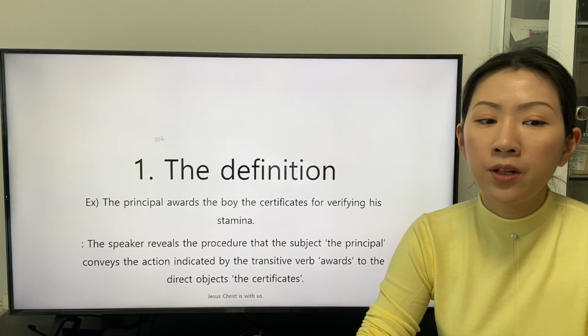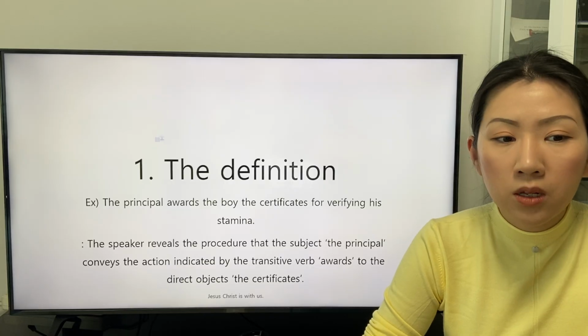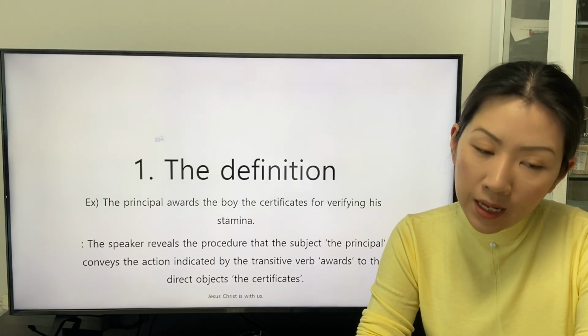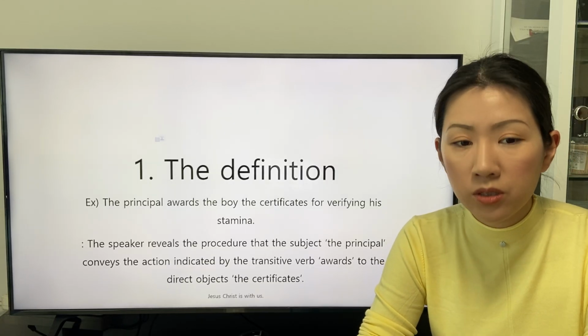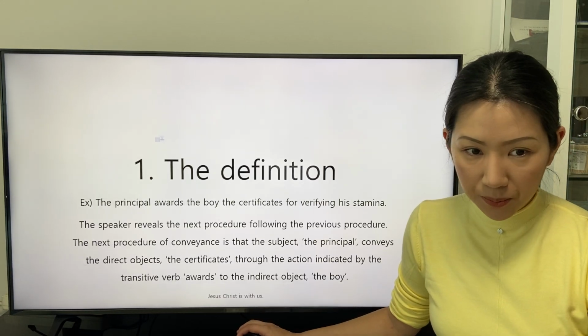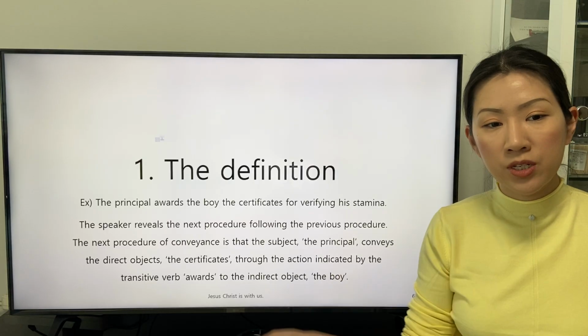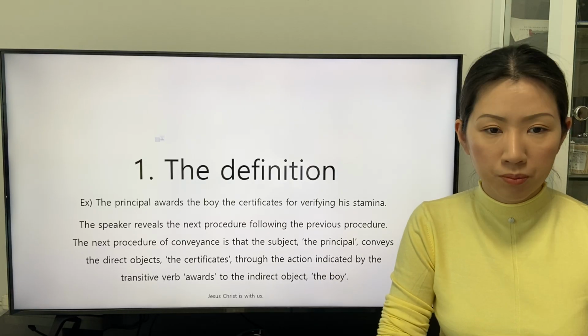The speaker reveals the procedure that the subject, the principal, conveys the action indicated by the transitive verb award to the direct object, the certificate. The speaker reveals the next procedure following the previous procedure.